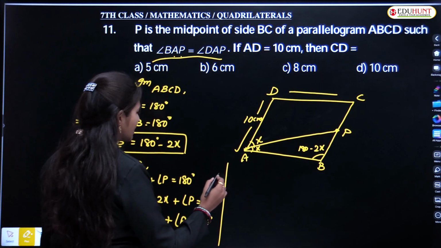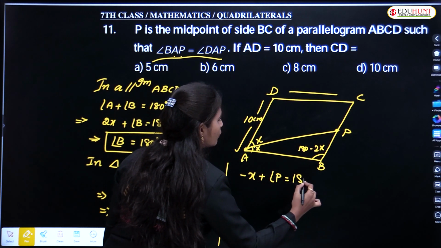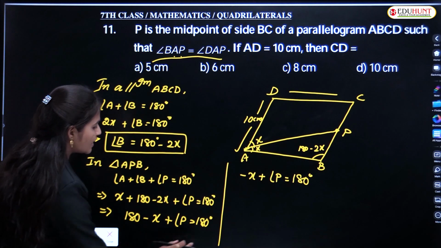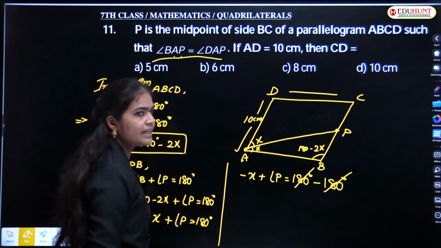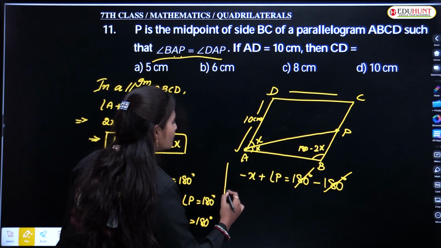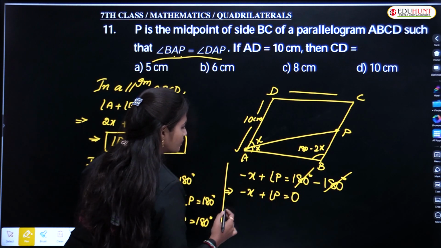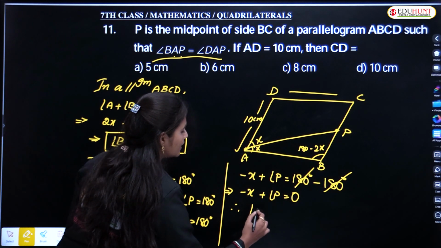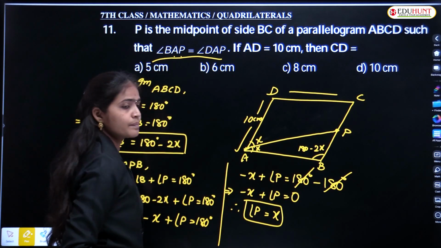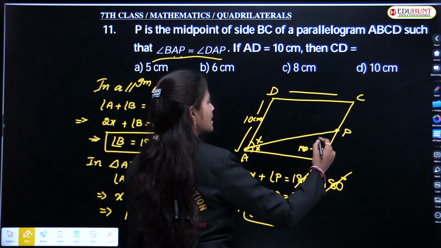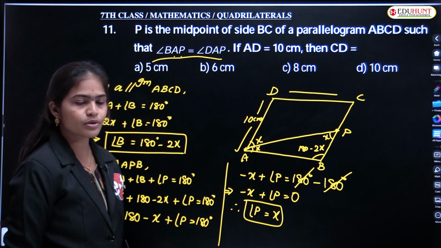The 180s cancel, so minus x plus angle P is equal to 0. So angle P is equal to x.